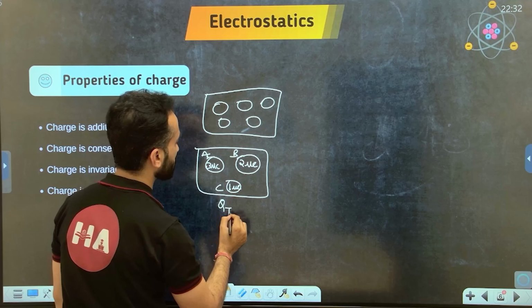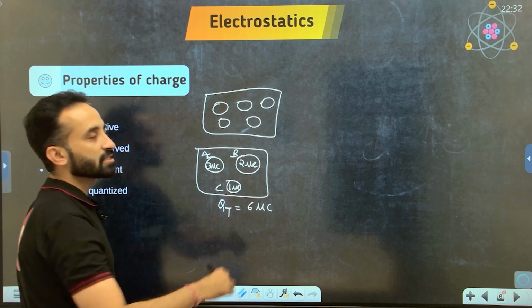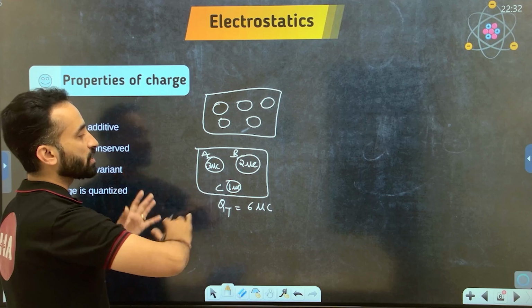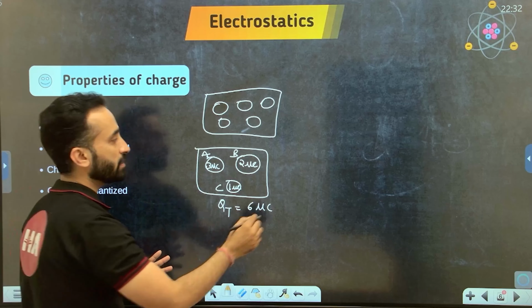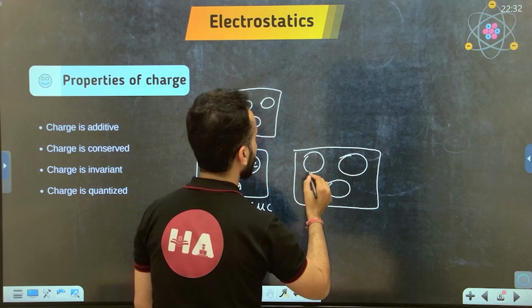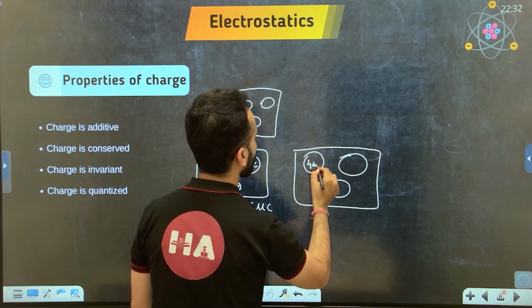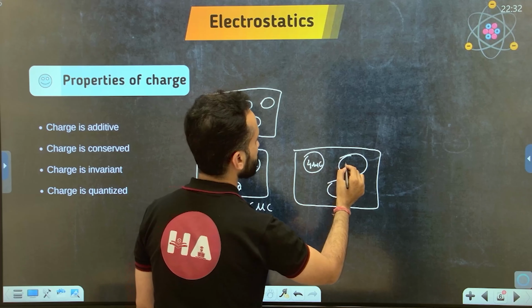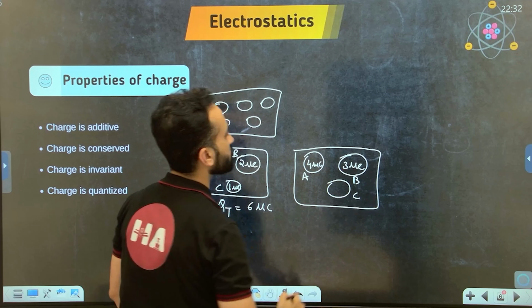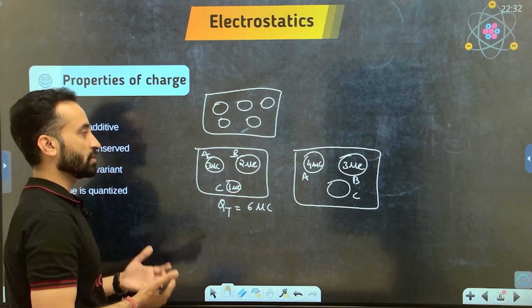So what is the total charge of the system? Of course, it is 6 microcoulomb, right? And if we allow a charge transfer between them, then let's say A has a charge of 4 microcoulomb, and B has a charge of 3 microcoulomb. And if I may ask, what is the charge on C?